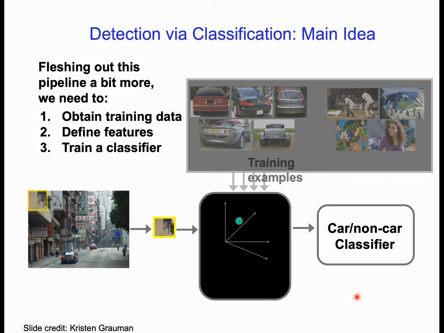And these are all fine. However, the point is, I need to make a lot of decisions. So I need to make, for every patch, a binary decision. So that basically means that, for example, if I'm using the bag of words approach, for every patch, I need to extract the bag of words representation. And that actually might be costly.